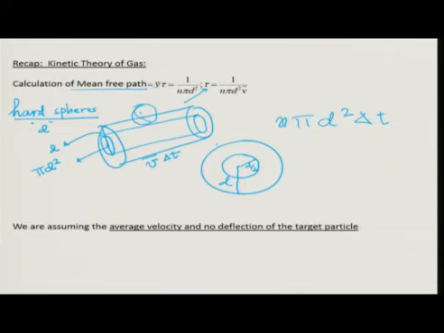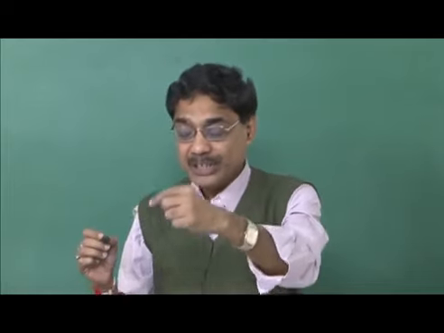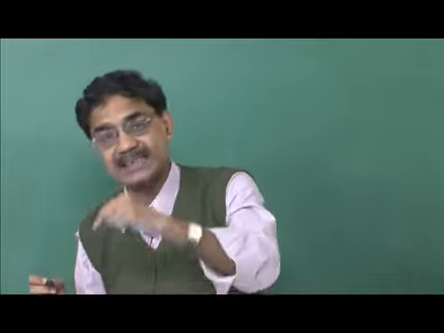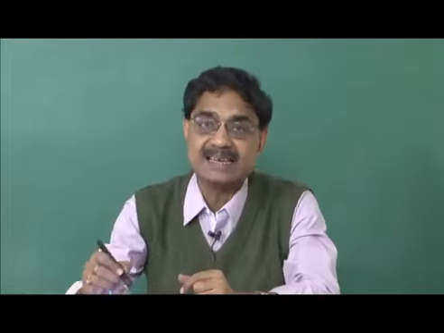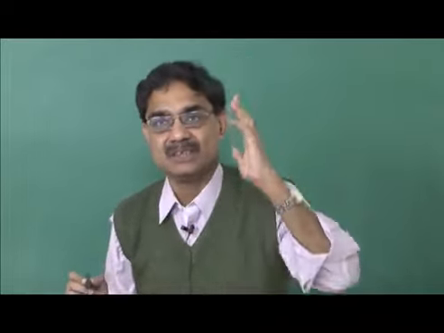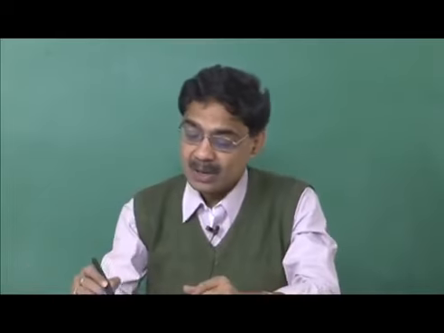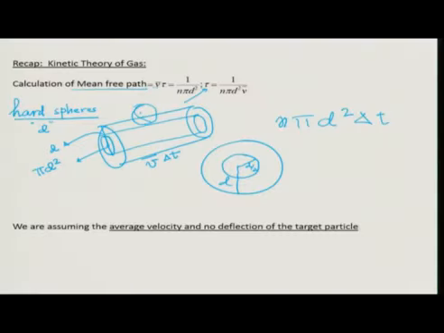Of course, it gets deflected, but on an average sense, locally I can assume still there is a cylindrical geometry and whichever static molecule does have its center lying within the bigger cylinder will suffer a collision. So, on an average I can assume there is a cylindrical geometry of area pi d square and height v delta t. So, this gives me the expression for mean free path.